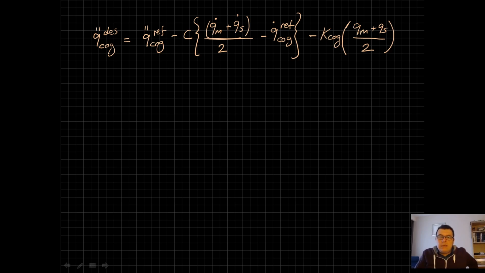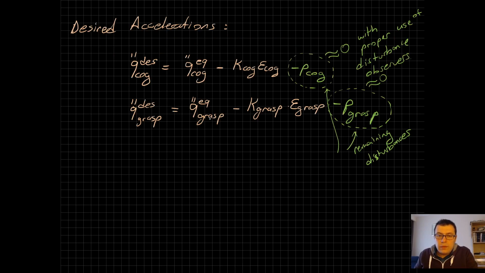This is the desired acceleration to be given to our system. Let me write here the desired acceleration Q double dot desired for the grasping activity. It is simply its equivalent minus K grasp E grasp.